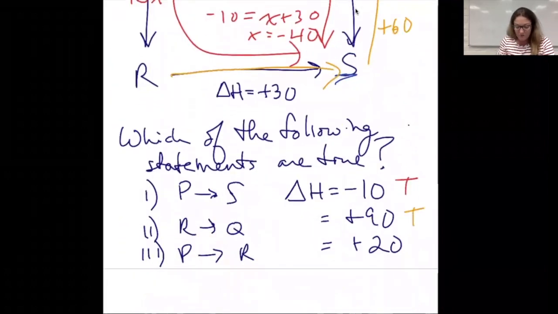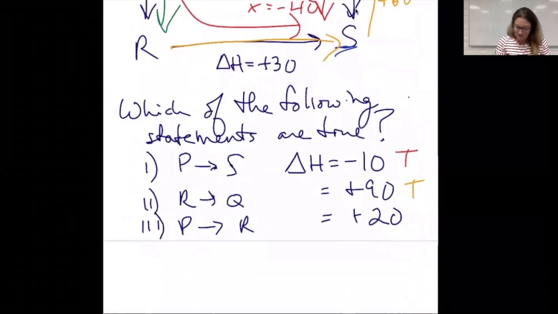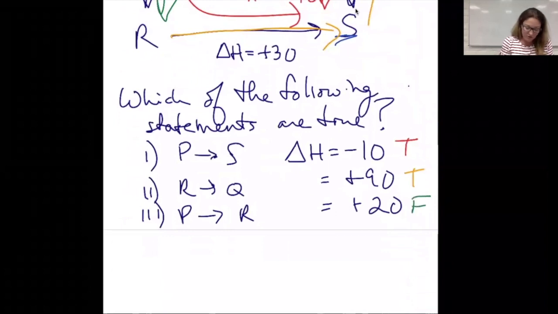P to R equals positive 20. P to R is from here to here. No, we had already figured out that that was negative 40. So for this one, that would not be true. My choices would be 1 and 2 as the correct answers. I have another one like this for you in your homework. They're a little weird, but they're not that difficult to do.